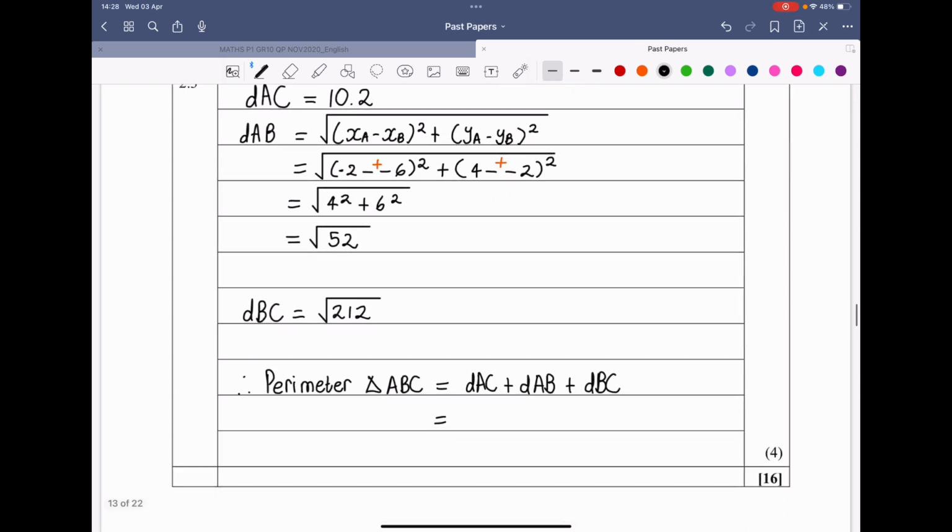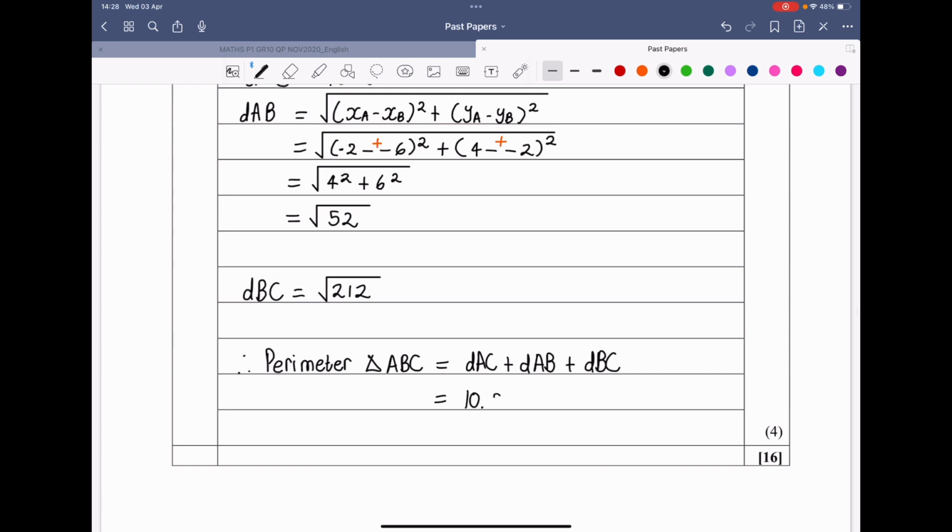So the AC was 10.2. The AB was square root 52. And the BC was square root 212. And my final answer is going to be 31.97.